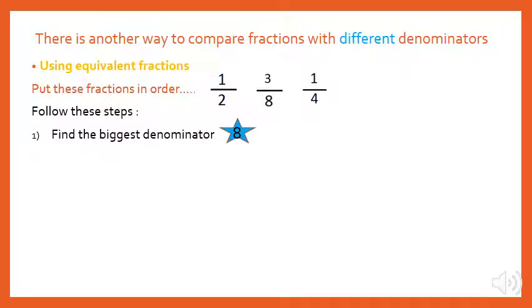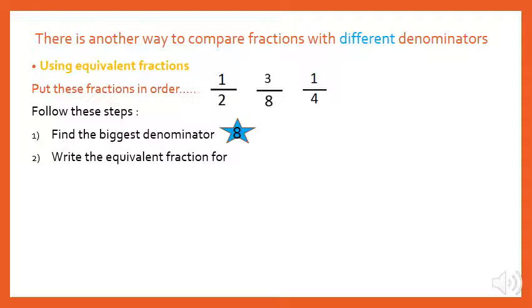Then the next step, write the equivalent fractions. Here, as you see, 3/8 has the greatest denominator, so we will not change it. We will write the equivalent fractions for 1/2 and 1/4.